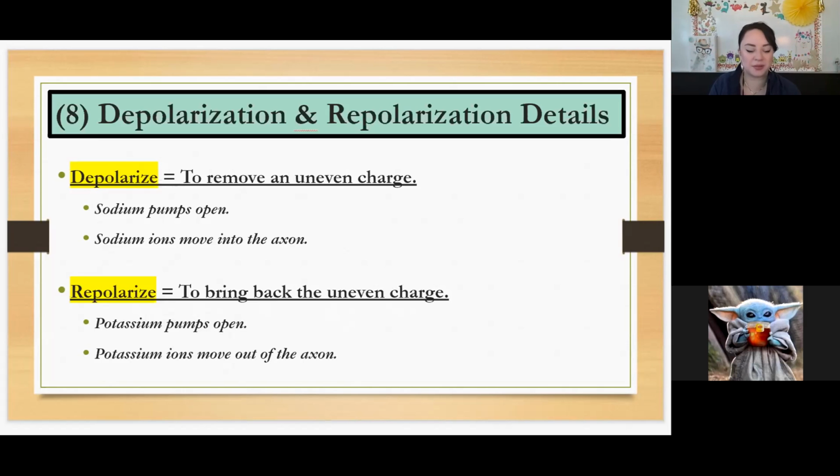So when we talk about these messages being sent to and from cells, we're talking about this movement of charged particles and the release of a chemical at the end. Some of you might be thinking, well, I thought our brain runs on something like electricity. We see them monitor that in the hospital.